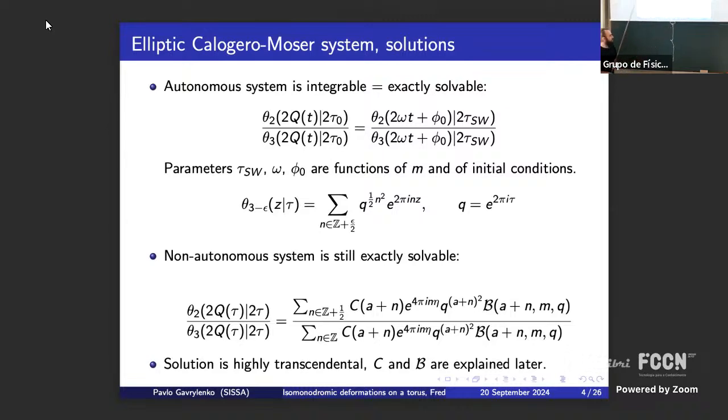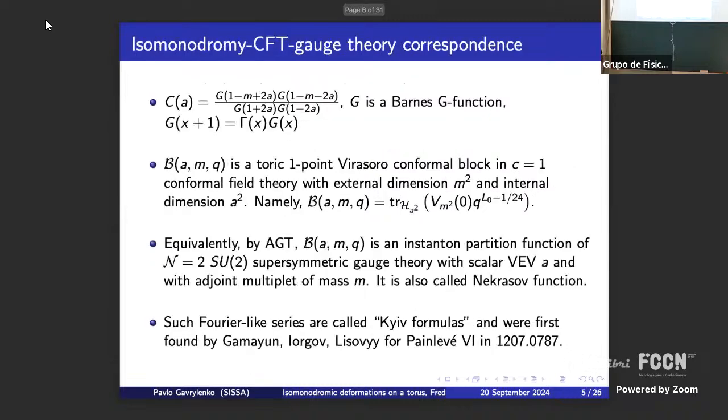It can be obtained in a combinatorial way. That's all. Well, the formula for this is here. So here the definition of the conformal block on a torus is just the trace of some operator with the appropriate weight.